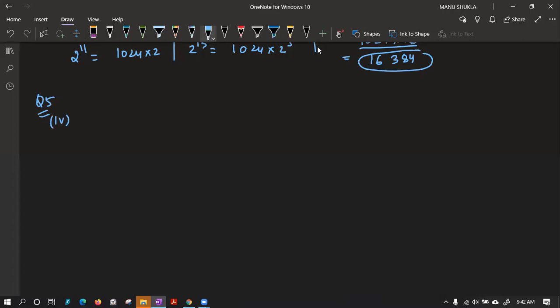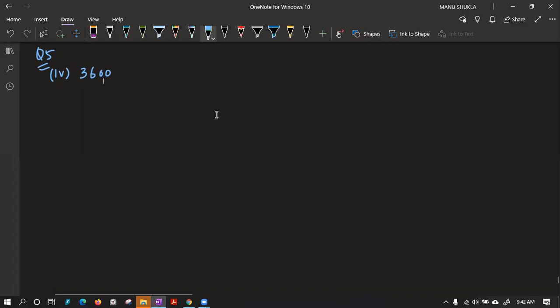Suppose we have 3600 and the question wants us to write this number in terms of prime factors. Now, please find the prime factors of this one and tell me the answer. Again, you have to do the prime factorization only.